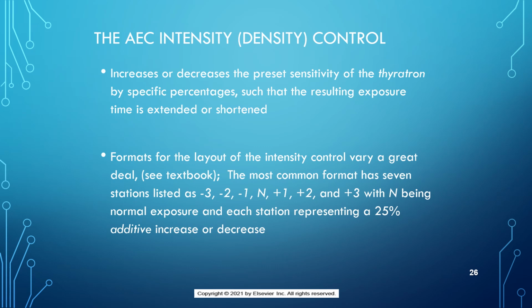Typically, each step, like going from no change in the density button to a -1, is a 25% increase or decrease in the mAs, the overall exposure time, the effective remnant beam signal strength.